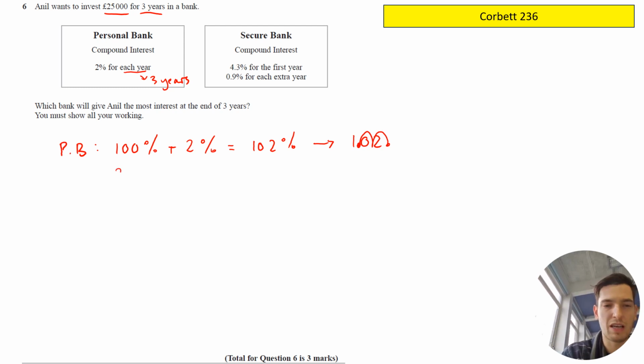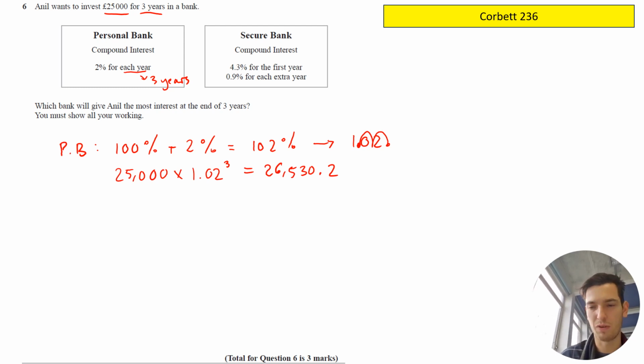So what I'm going to do, I'm going to take my 25,000 and I'm going to multiply it by 1.02. But because it's for 3 years, it's going to be to the power of 3. And then if you put that into your calculator, you will get 26,530.2. And that is the first one.